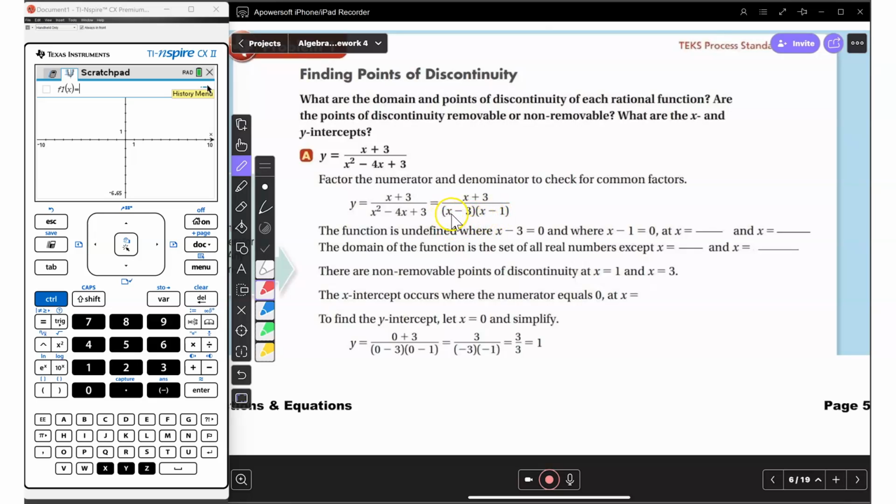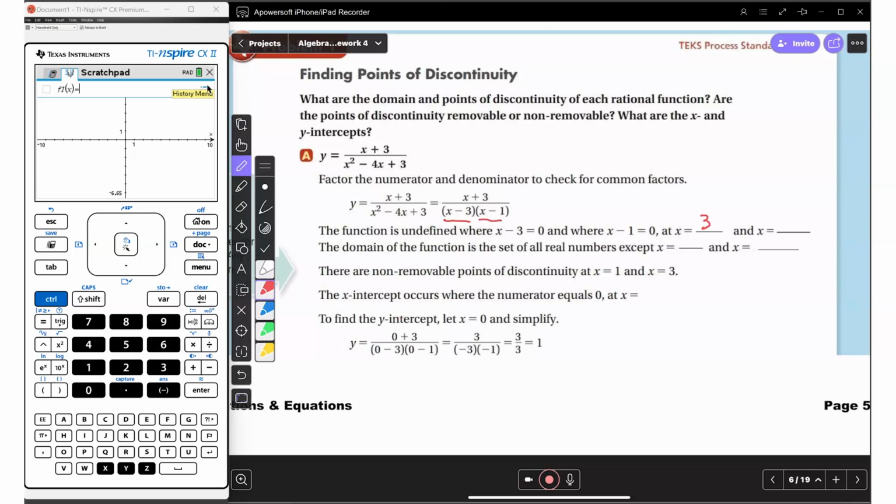So we know that when this parentheses is equal to 0, then the denominator is equal to 0. And that's where it says x minus 3 equals 0. So x equals 3. This parentheses, we have x minus 1.